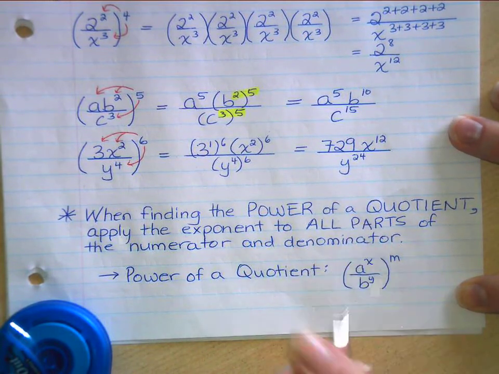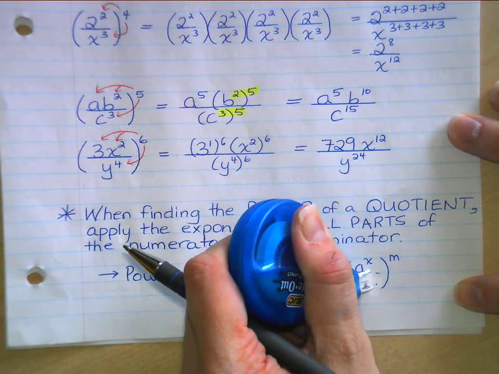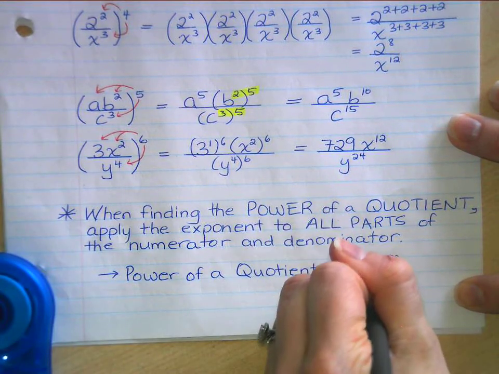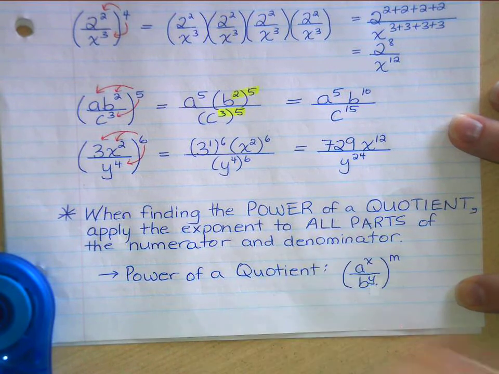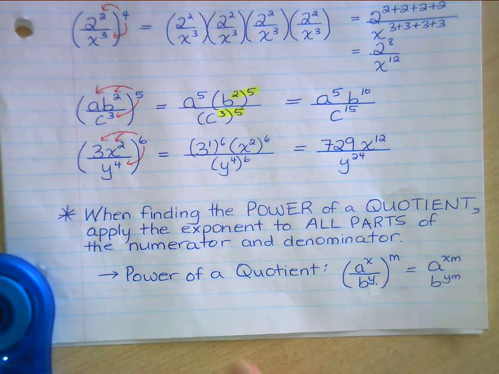We'll use m as our exponent on the outside. x times m over y times m.